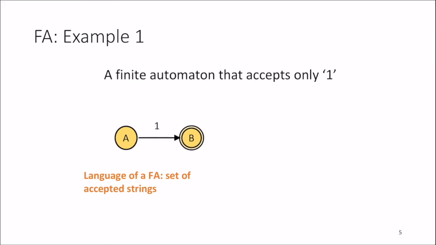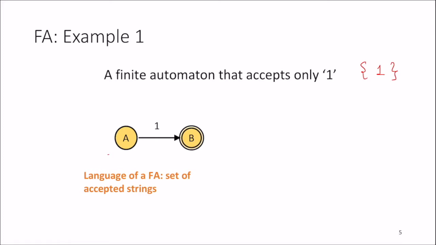So let's look at some examples. Here's a very simple example of a finite state machine that accepts only the string 1. If you think about the language accepted by this finite state machine, it's a set containing exactly one element, which is the string 1.